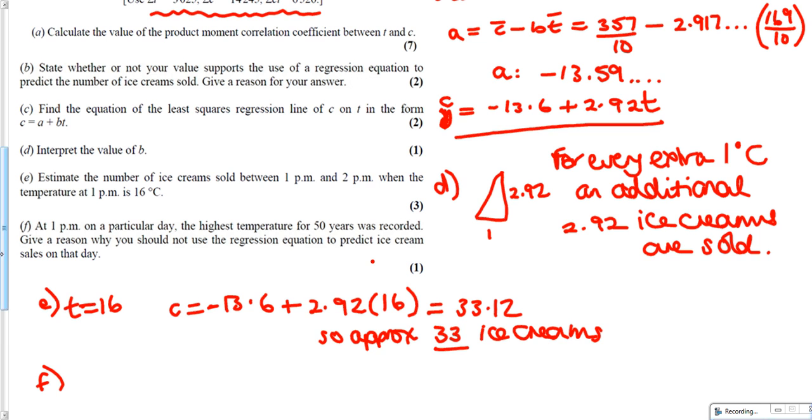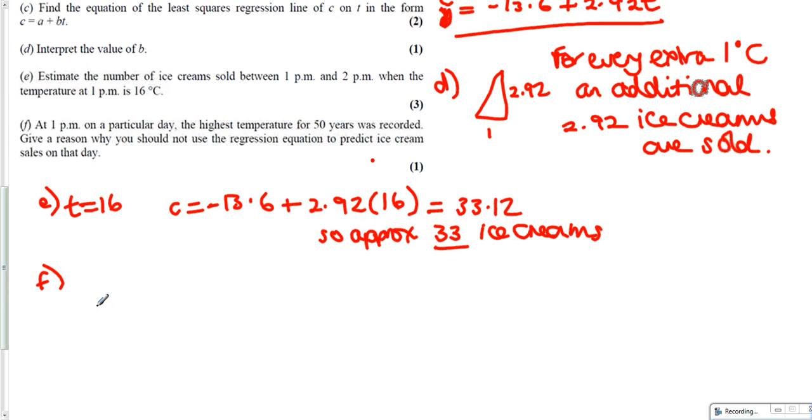Last part, part F. At 1 p.m. on a particular day, the highest temperature for 50 years was recorded. Give a reason why you would not use the regression line. Well, we talked about this earlier. If it's the highest temperature for 50 years, it's way beyond the data that would have been used to come up with this regression line, and therefore any predictions will be unreliable.